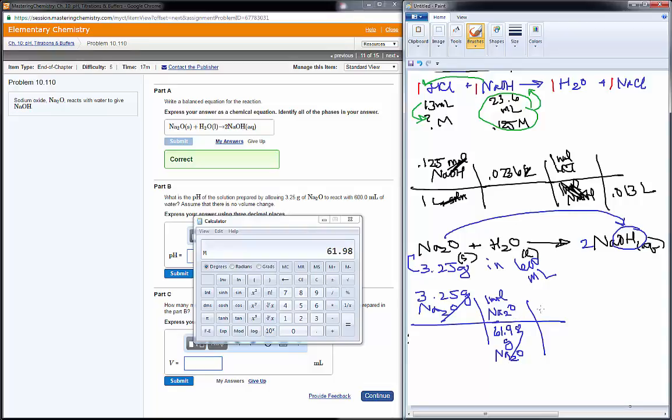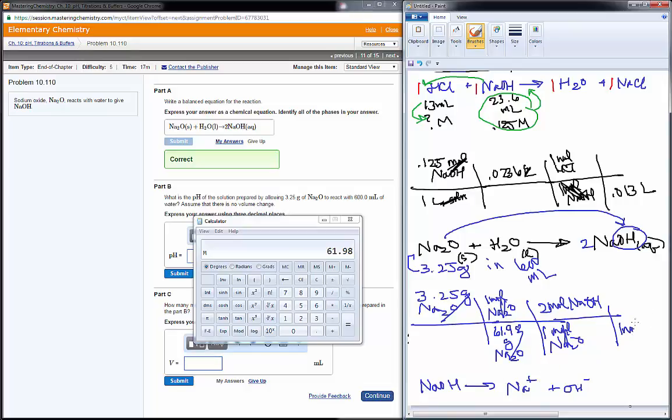And then we see we get 2 moles sodium hydroxide for every 1 mole of sodium oxide. Moles of sodium oxide cancel. And recognize that 1 NaOH dissociates into 1 Na and 1 OH.